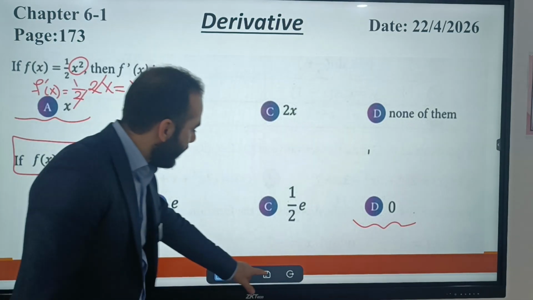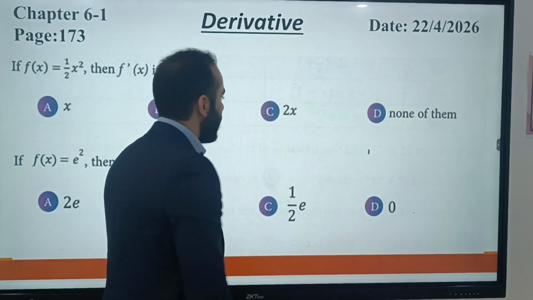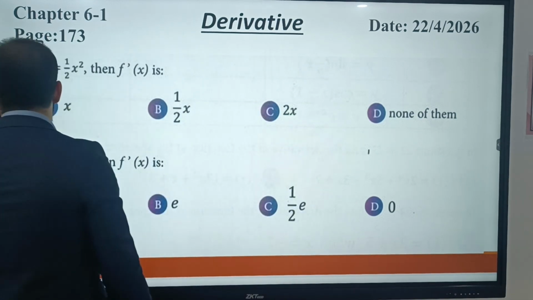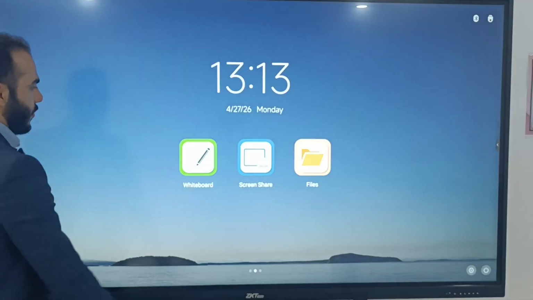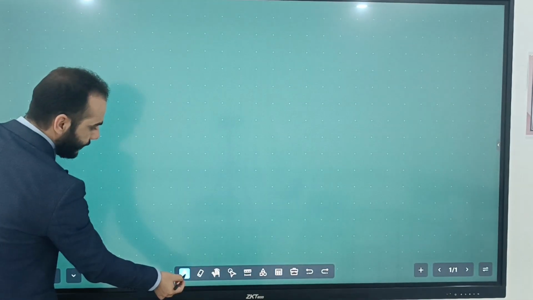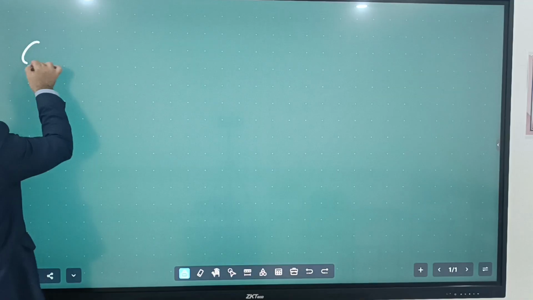Perfect. One more question, and actually the last one, I would love to do it by myself. I mean, give you an extra question regarding graphing. Let's say, graph this function.